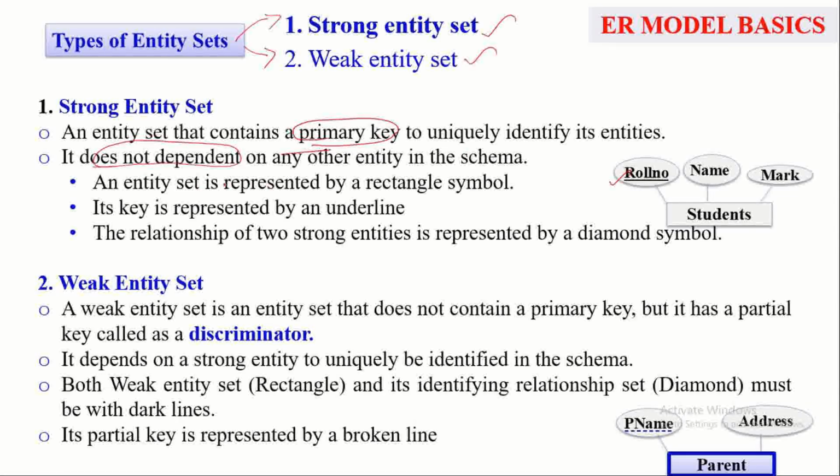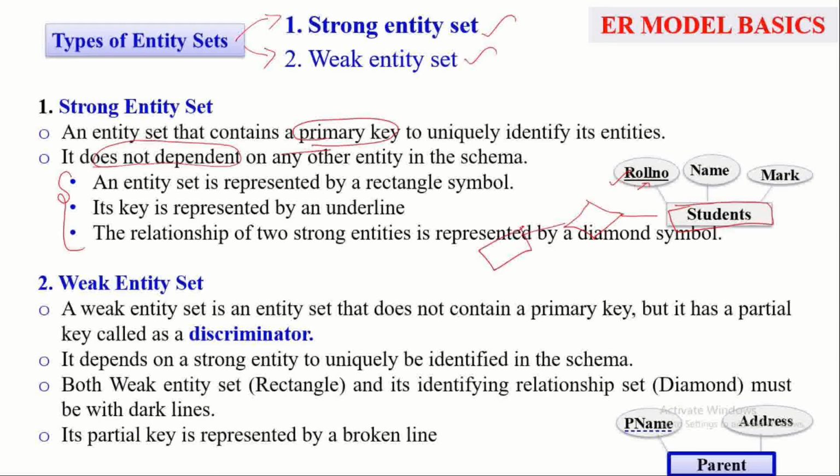Coming to the graphical representation, a strong entity set is represented by a rectangle symbol, and its key is represented by an underline. The underline is a normal line, and the relationship between two strong entities is represented by a diamond symbol.